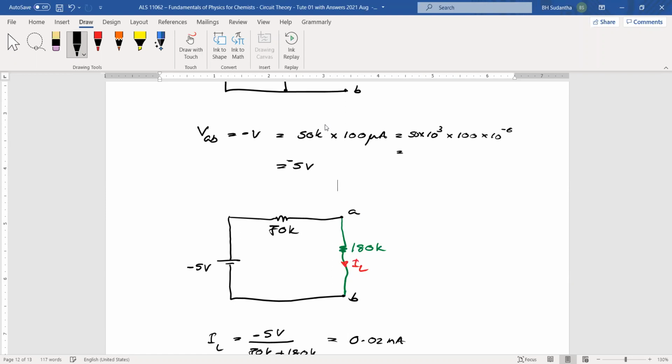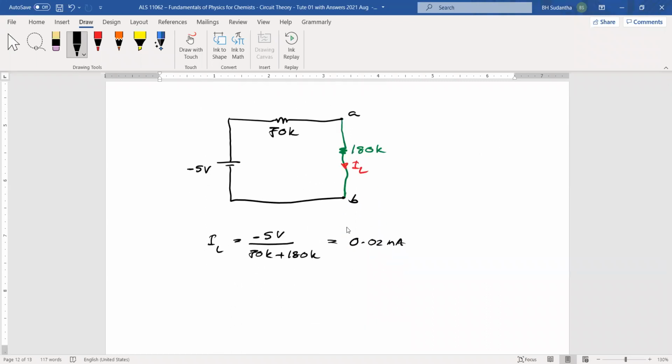Then finally you have 5 into 10 to the power 3 and another 3. This is 6. Then this will be cancelled out. Is it okay? Yes, sir. Thank you, sir. Then IL is this one.